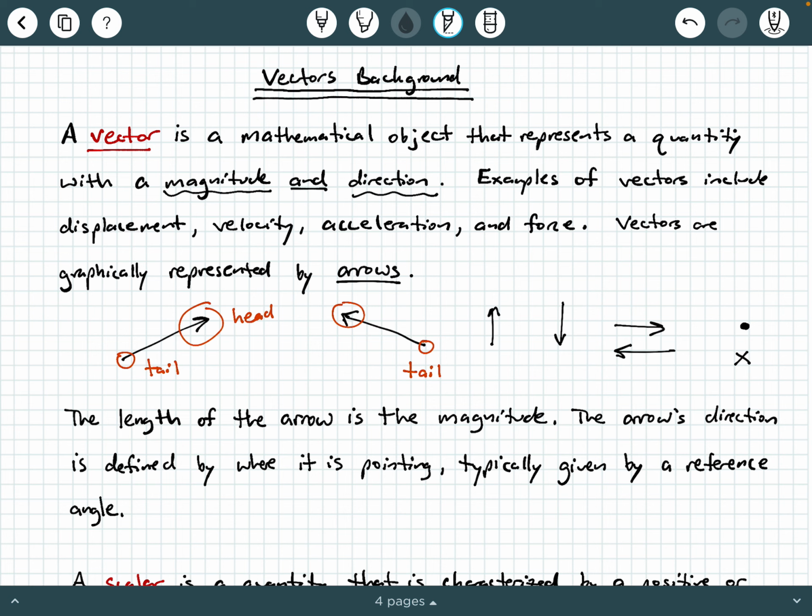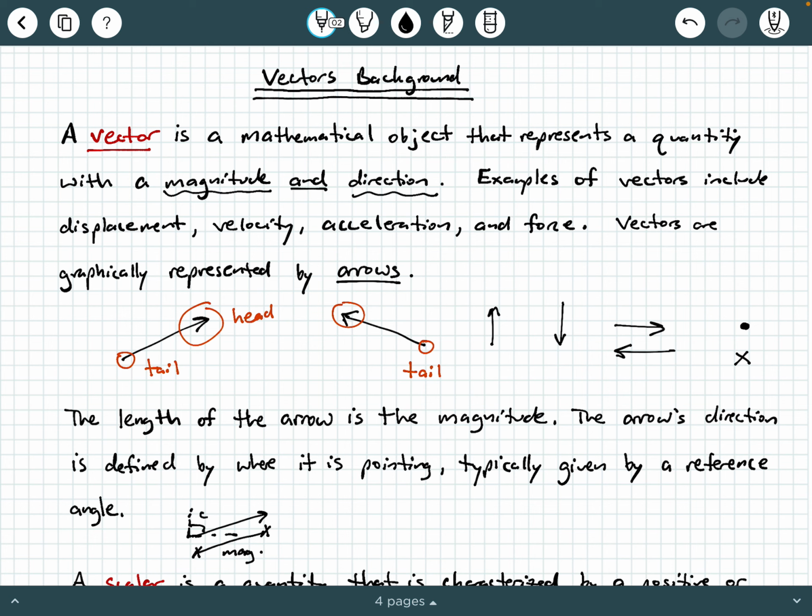So remember, we said vectors are represented graphically by arrows, and they have two important things, a magnitude and a direction. So if I were to draw a vector here, its physical length right here is its magnitude, mag. Now, its direction could be defined by a reference angle.